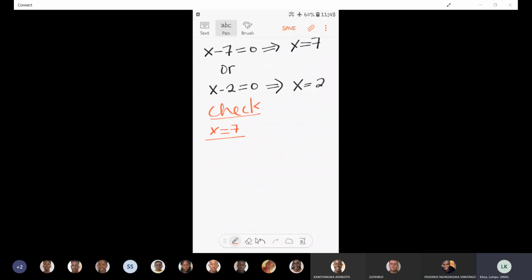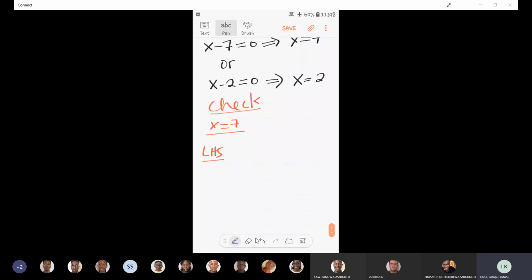Then on the left-hand side, what I do is I substitute x is equal to 7. I have 6 minus the square root of x plus 2. Then this is equal to 6 minus the square root of 9.